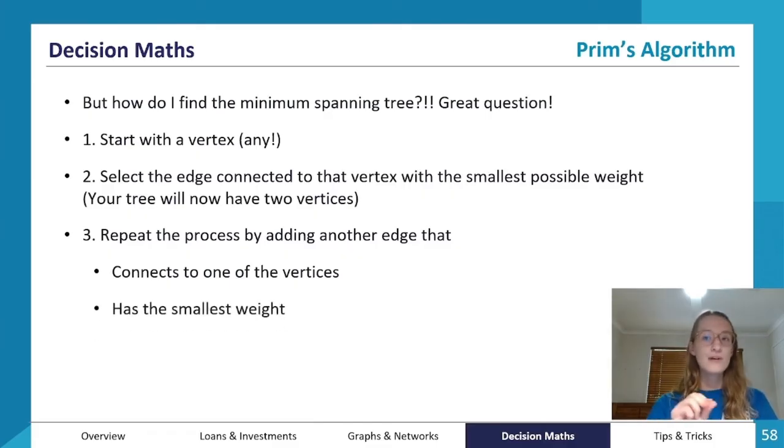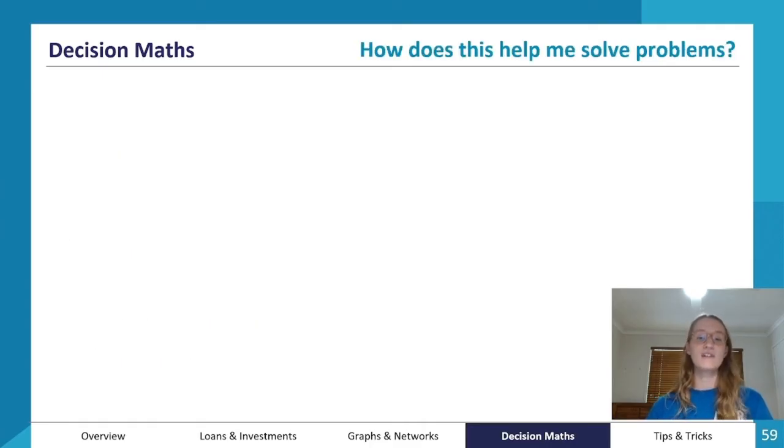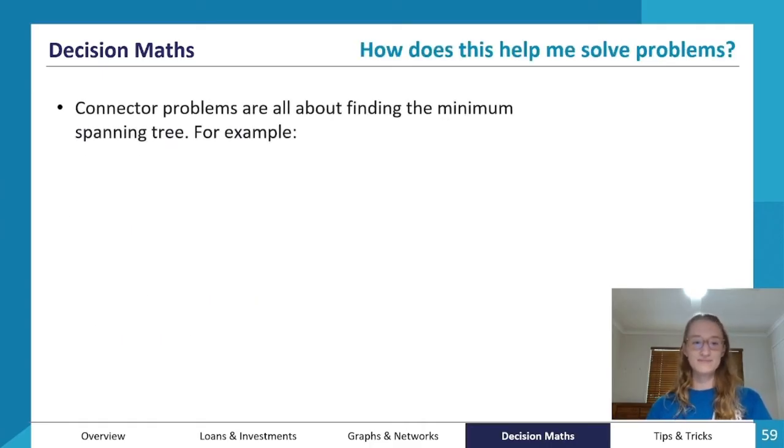So every time you're connecting in a new vertex, you're adding the minimum weighted edge that doesn't introduce a cycle. Because if the minimum weighted edge introduced a cycle, well, we could add it, but that wouldn't actually serve a useful purpose because it wouldn't be part of the minimum spanning tree, because it would introduce a cycle. And then you simply continue until every vertex is connected.